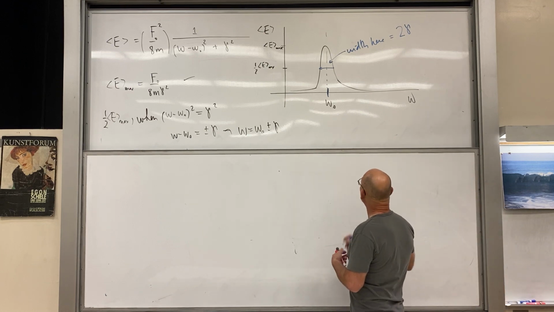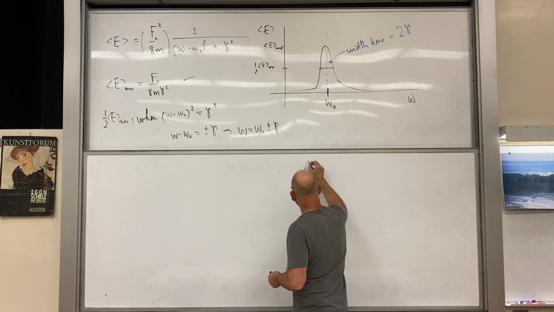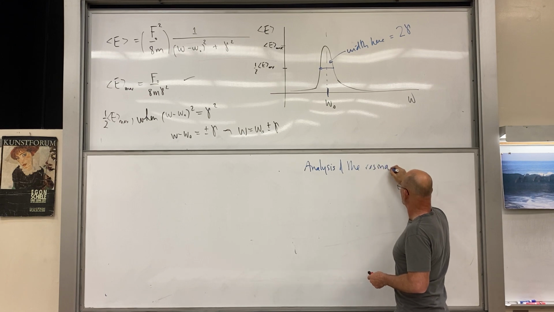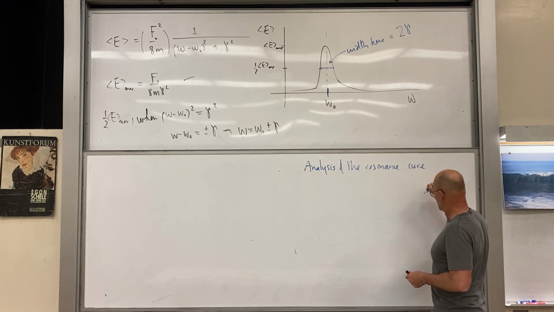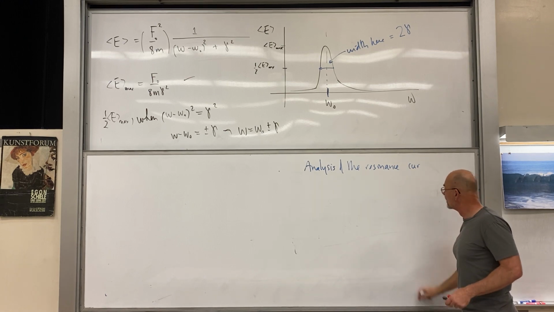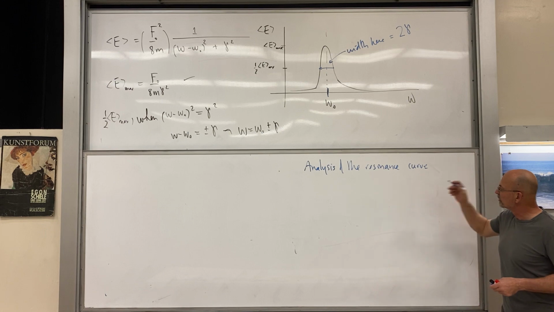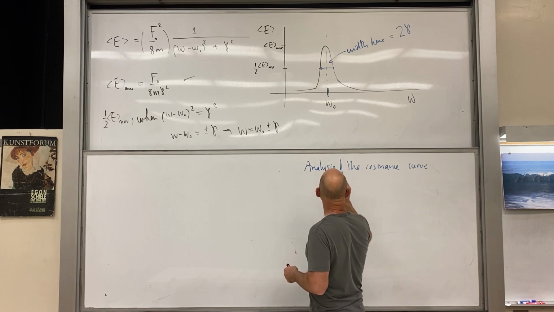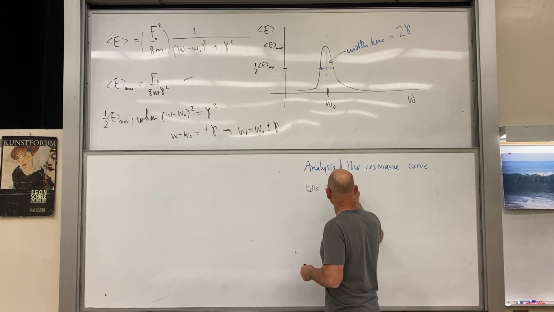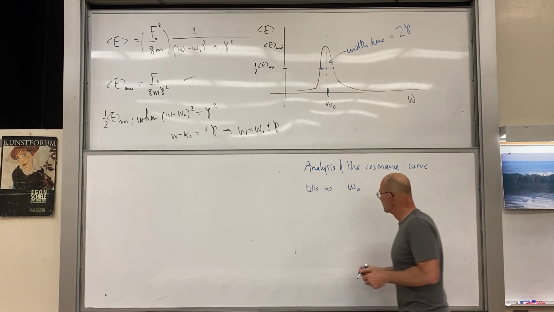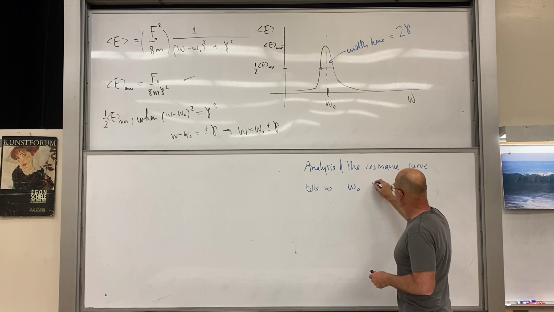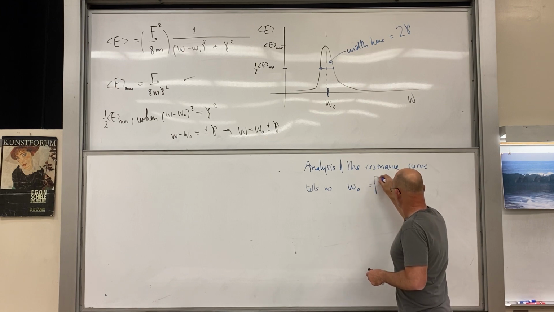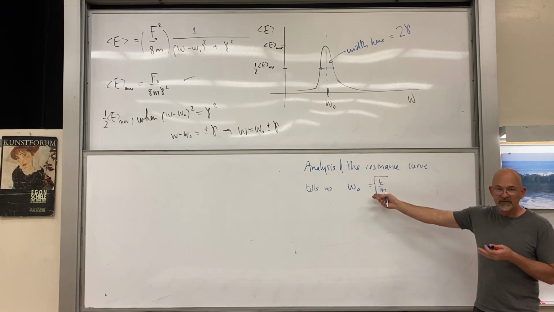So we'll summarize it in this way. Analysis of the resonance curve tells us omega 0, and of course, since that's root k over m, that's telling you something about the system.